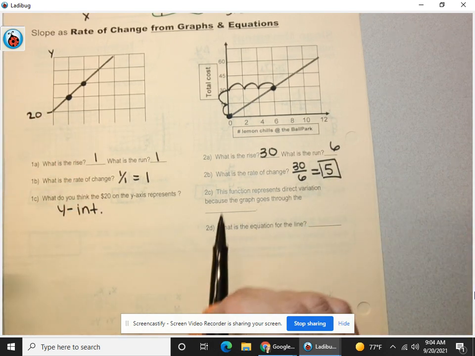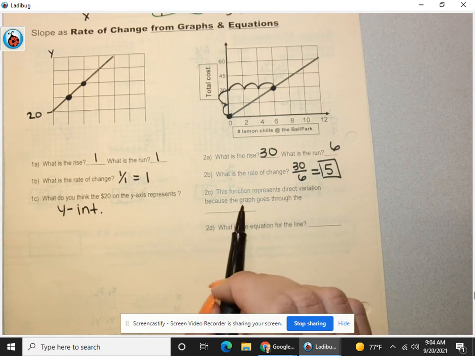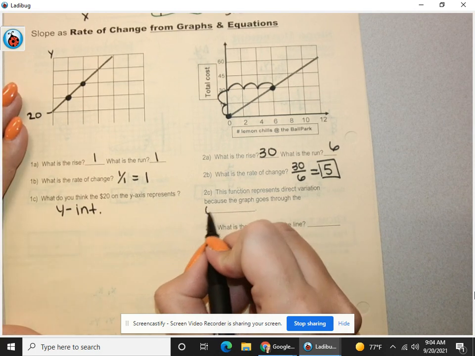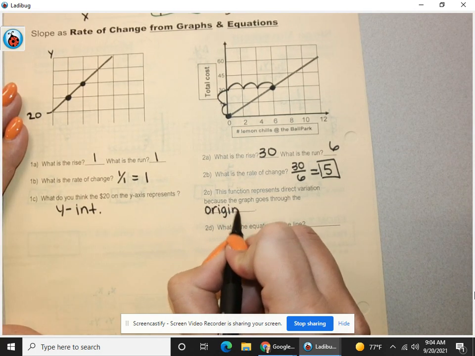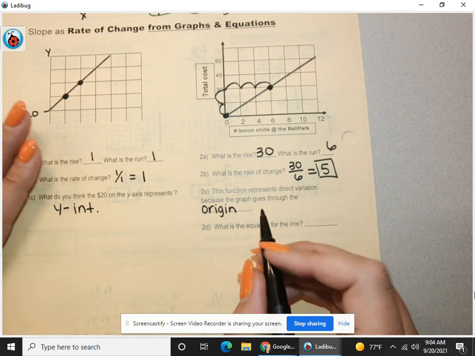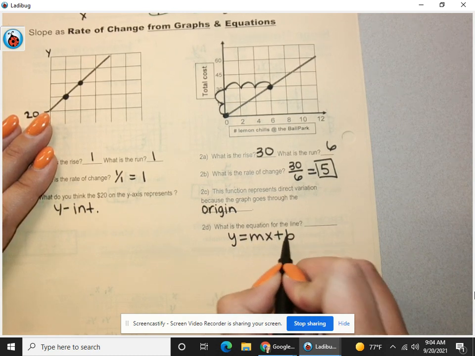So this function represents a direct variation because the graph goes through the origin. Anytime you have a direct variation, it goes through the origin. And then what do you think the equation for the line would be? y equals mx plus b is what we need to put it in.